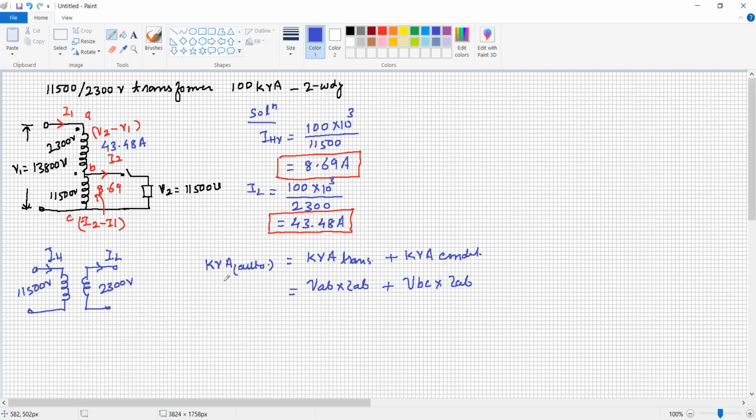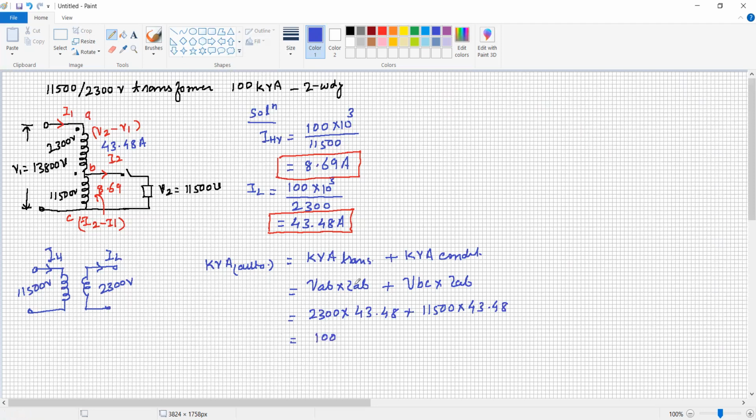So under such condition, the kVA of the auto transformer is VAB, 2300 multiplied by 43.48, plus VBC, 11500 multiplied by current IABC, 43.48.